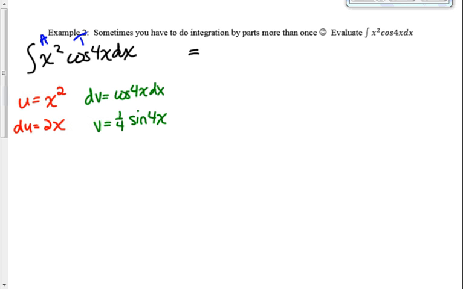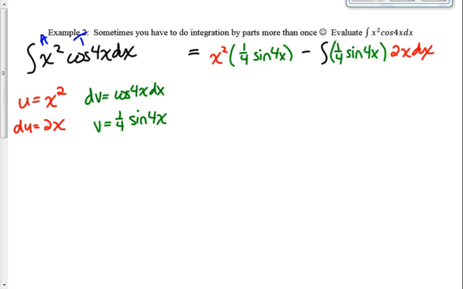So my u is x squared times v, which is 1/4 sine of 4x, minus the antiderivative of v du. V is 1/4 sine 4x, and du is 2x dx. I apologize, I forgot my dx over here on my u.